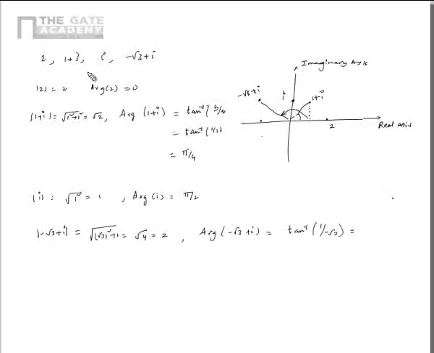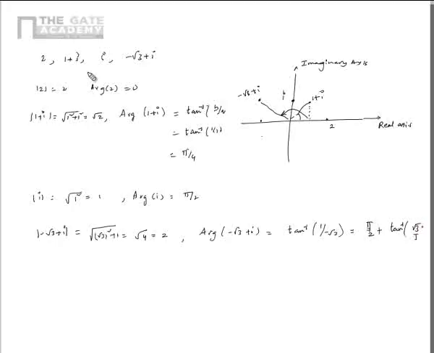You can see that it's pi by 2 plus this angle, and that angle is nothing but tan inverse of 1 by root 3, or you can say tan inverse of b by a, which is root 3 by 1.